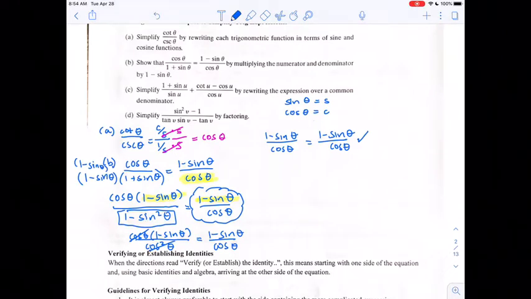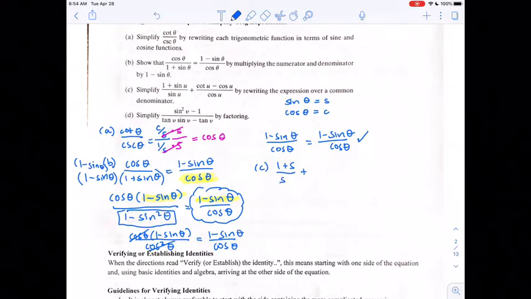Okay, for part C, I'm going to go ahead and switch again to writing sine of u as just s, and then cosine as just c. So as I do for part C, I'm going to do certain things like, for example, 1 plus s over s is fine.